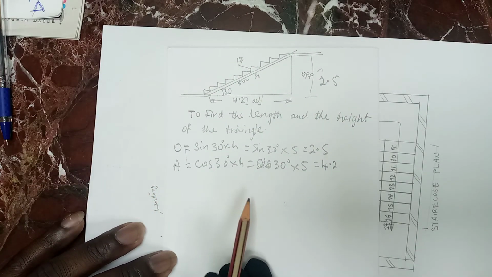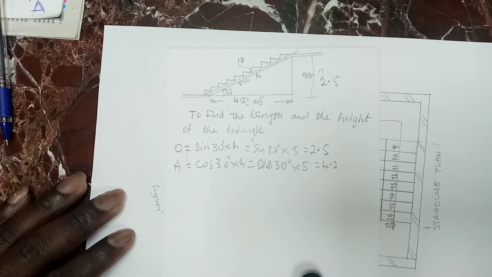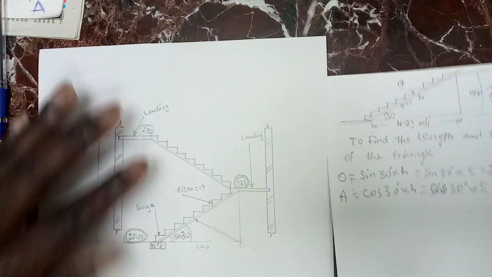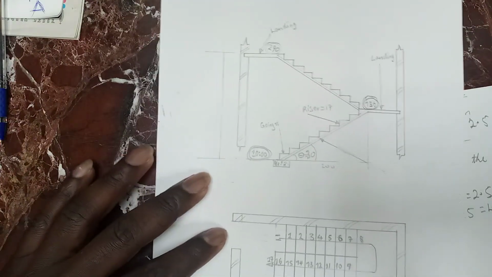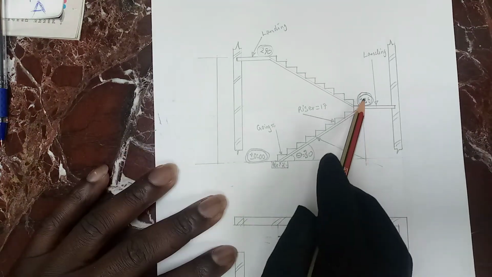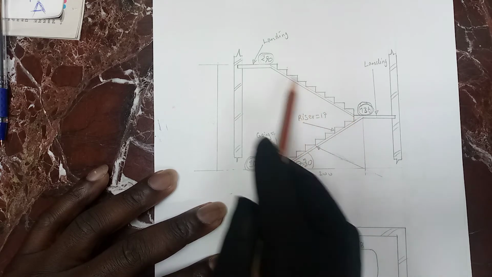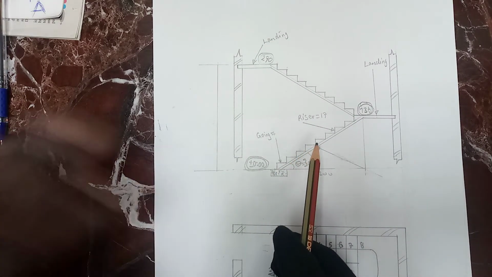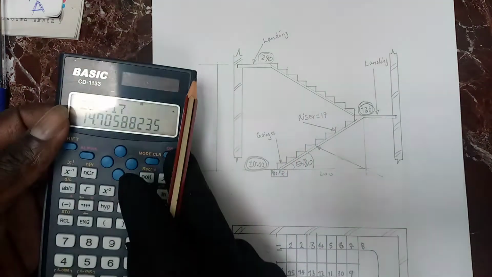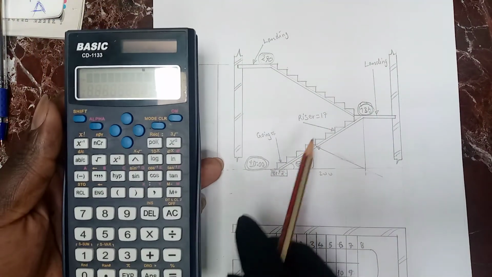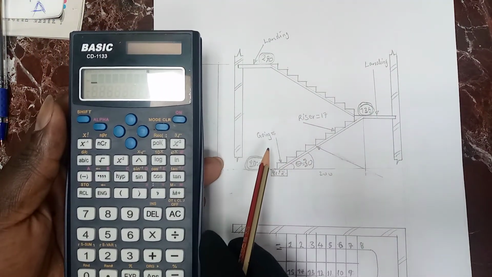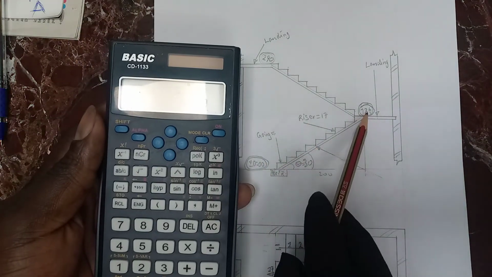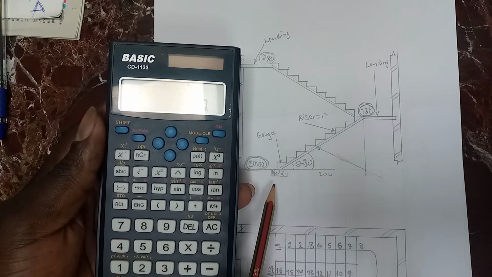So now, guys, we are done with this. And now they can just give you the levels, this level and this level, to calculate the number of steps. Maybe they will just give you the riser to be 17 and this level, and you don't know the number of steps.